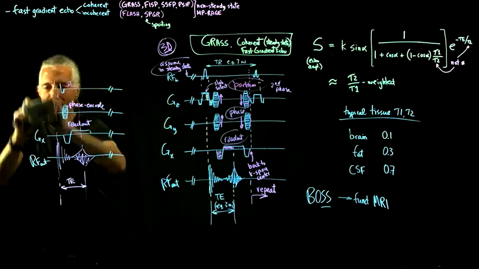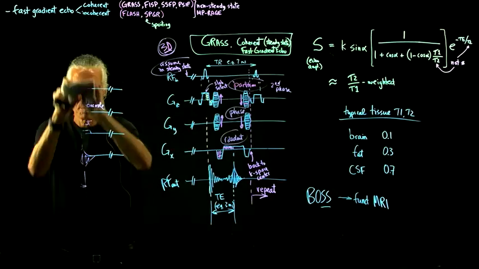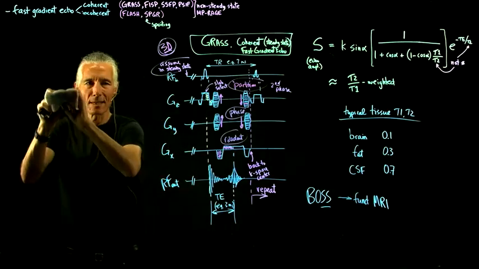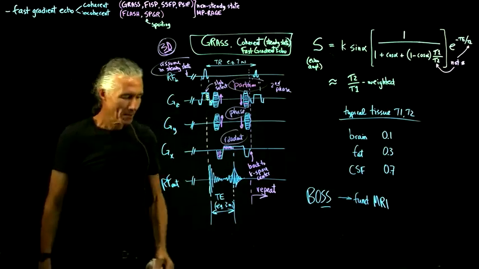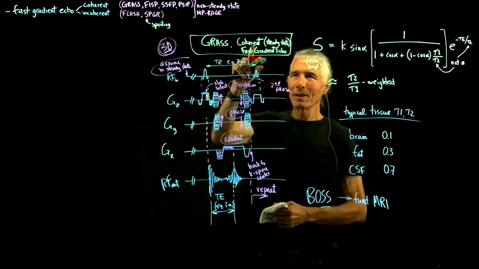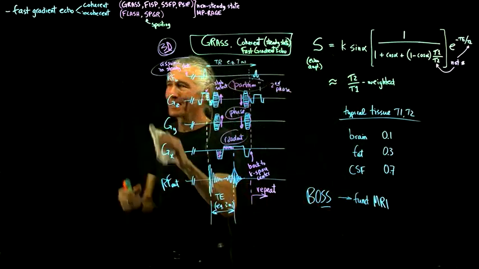It's coherent in a similar way, where we're just patching up the magnetization that we have left over from the previous echo and then getting another echo. Okay, so any questions about coherent steady state fast gradient echo grass?